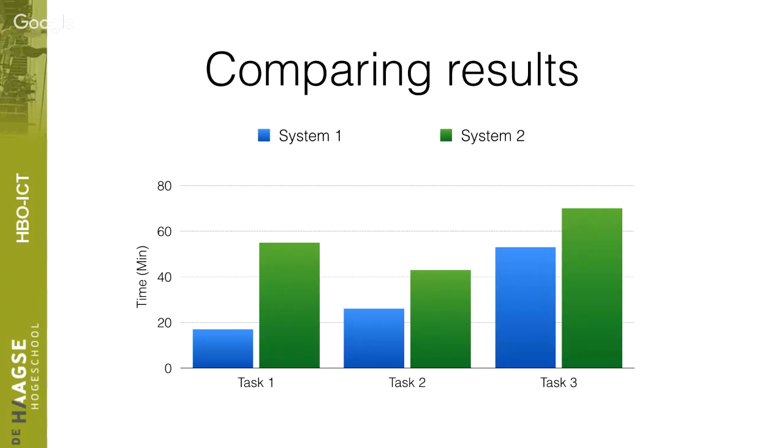And then, as you can see here, if it always takes longer with system 2 than system 1, then it's immediately straightforward, clear that system 1 is better than system 2, right?